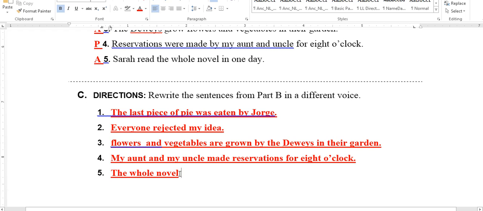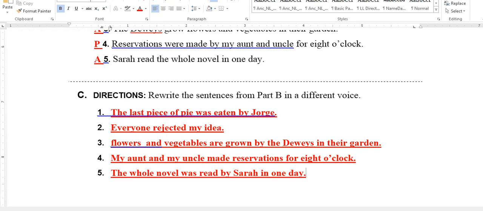So the passive form of read in the past will be the verb to be in the past followed by the past participle. Whole novel, singular, so we'll use was, and read, because this is the past participle of read: read, read. The whole novel was read by whom? By Sarah in one day.